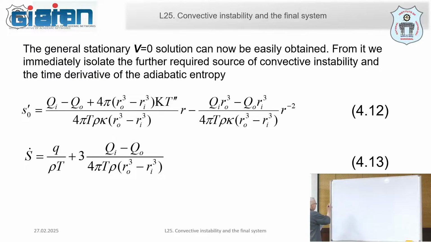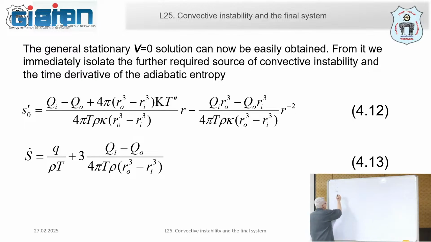So the main source of the convective instability, we mark it as S prime, small s prime, and it has index 0.